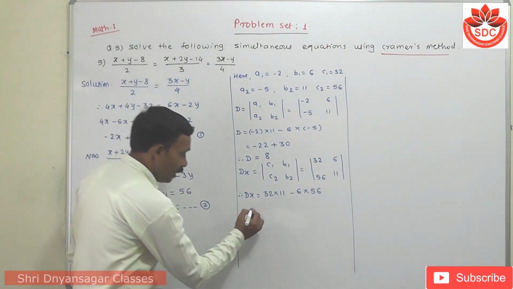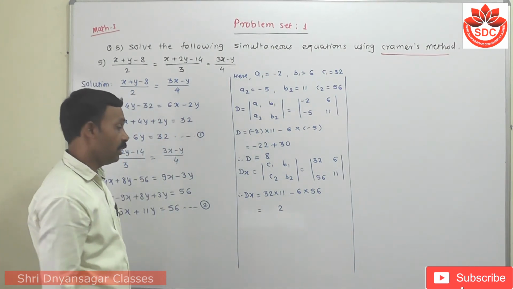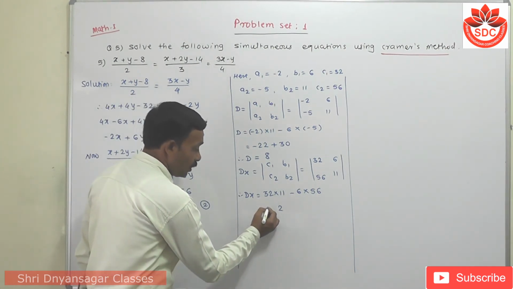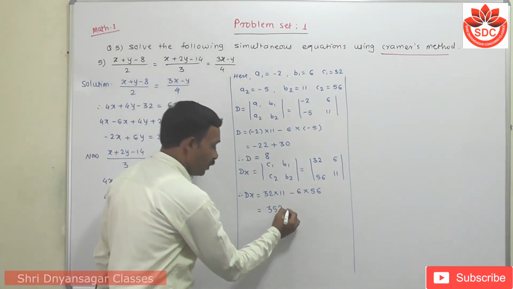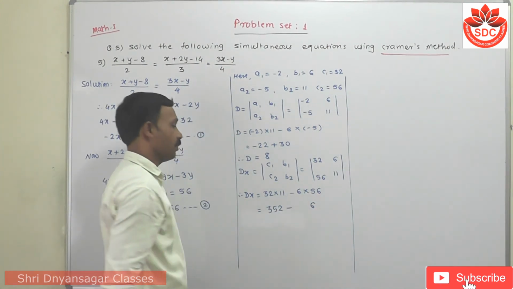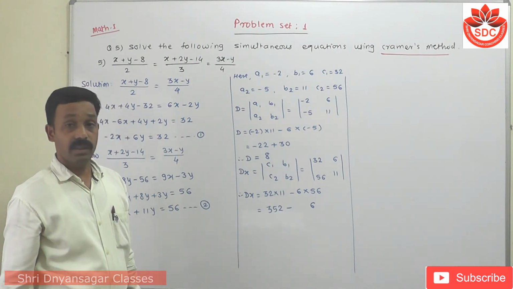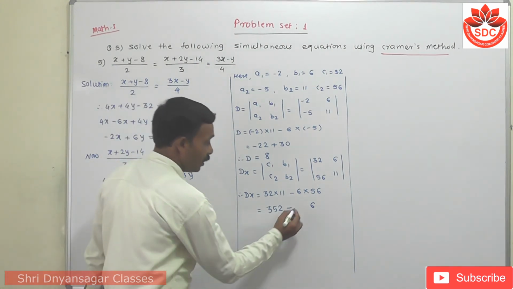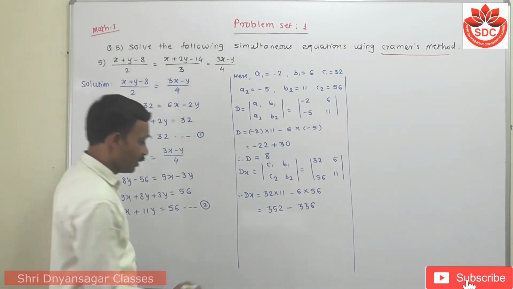Okay, then 11 2s are 22, carry 2, 11 3s are 33 plus 2 is 35. Then 6 into 56: 6 6s are 36, carry 3, 6 5s are 30, 30 plus 3 is 33. Now we have to subtract this.